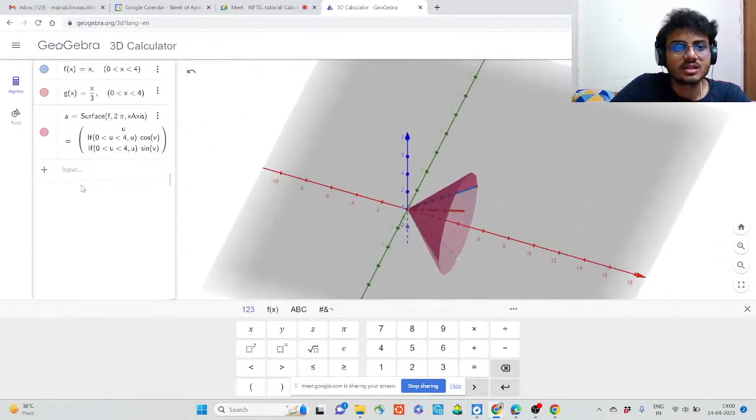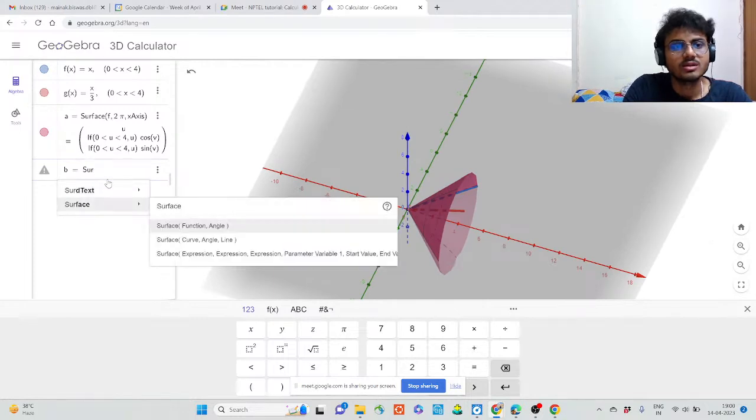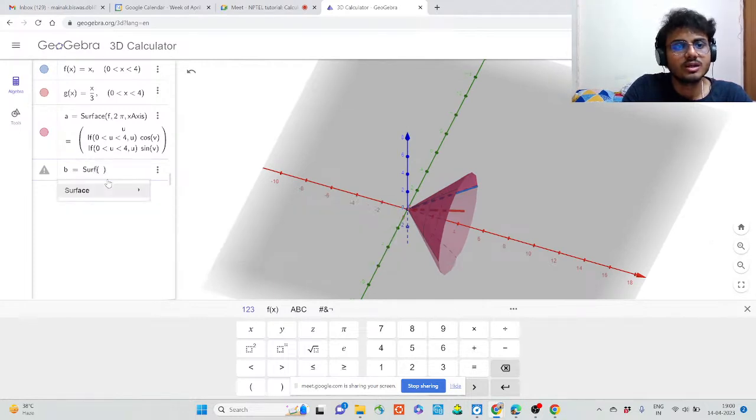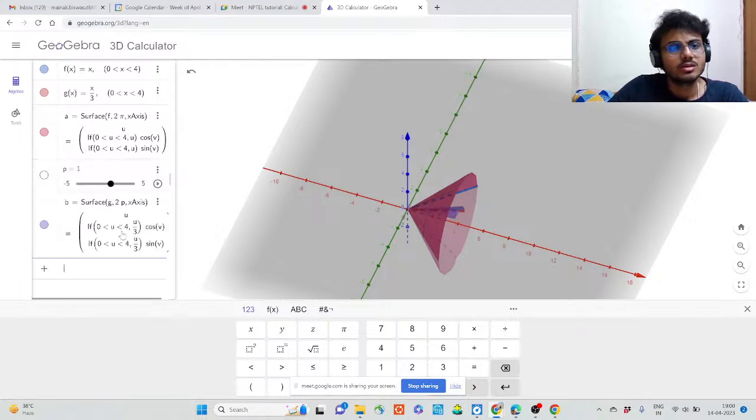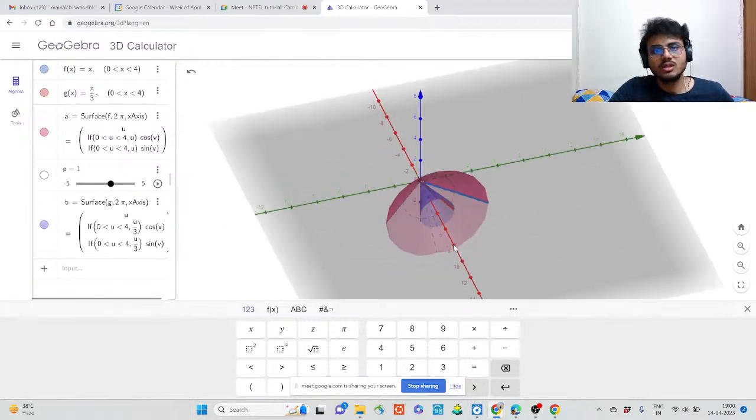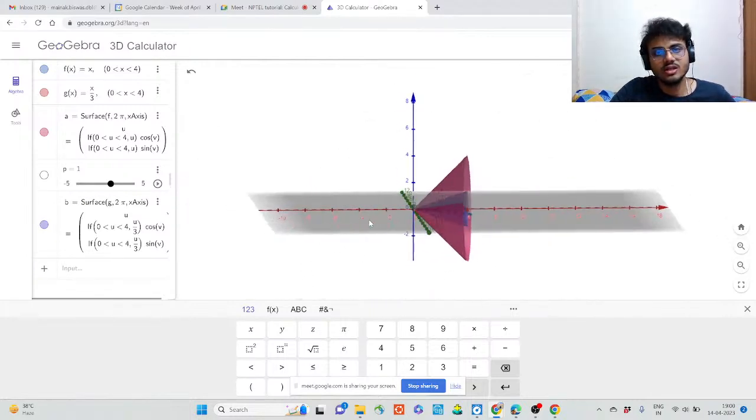So next will be surface of say your g comma 2 pi comma x-axis. So you see the figure that I have drawn was actually correct, right?